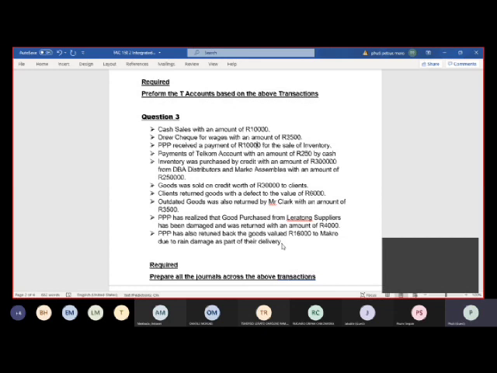Your VAT amount will be 1,304 rand. Obviously you need to minus that from your 10,000, and then it will be 8,696. That will be under your sales column. Makes sense? Yes. All right.